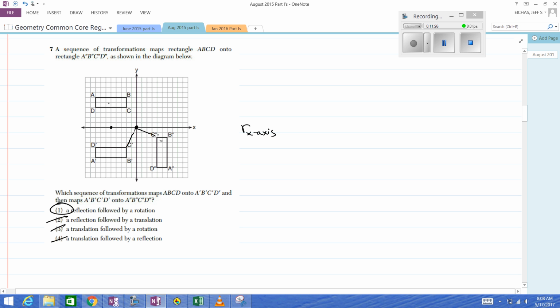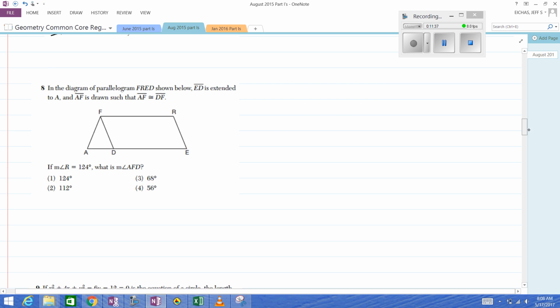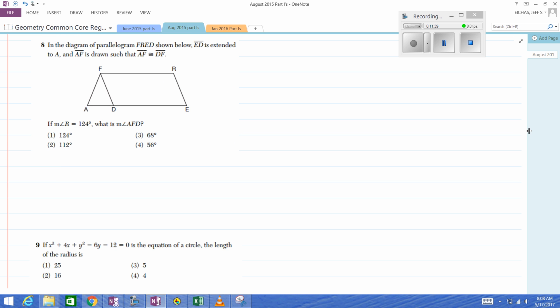And it looks like a 90-degree rotation centered at the origin. Not that we need to identify that, but it's good to go through that. All right, so what we're going to do is mark the diagram based on information such as that.